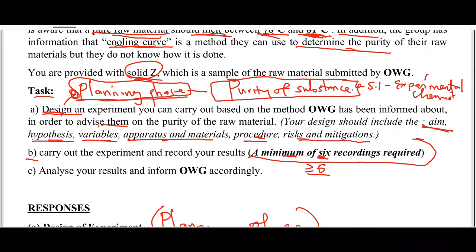Some people were asking, how do we get the previous sessions? I'll take you through how we can always access that work, especially for those who missed out paper 1 and paper 2.